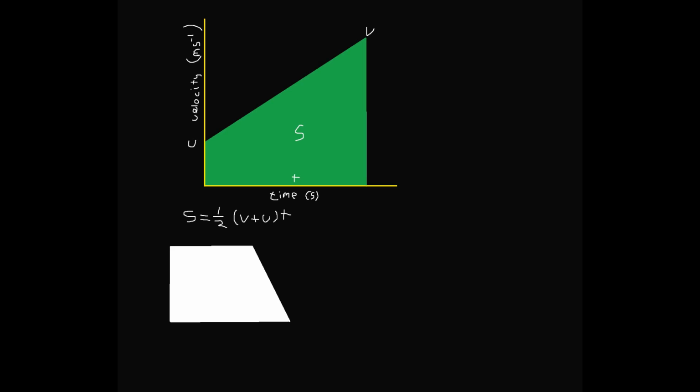For our next equation, we're just going to be imagining that this entire area here is equal to a trapezium, and we're just going to work out the area. So as you know, the formula for working out the area of a trapezium is equal to 1/2 multiplied by A plus B, where these are both parallel sides, multiplied by the height. So imagine it in this context, we have this side here, which is u, we have this side over here, which is v, and then t can be thought of as the height.